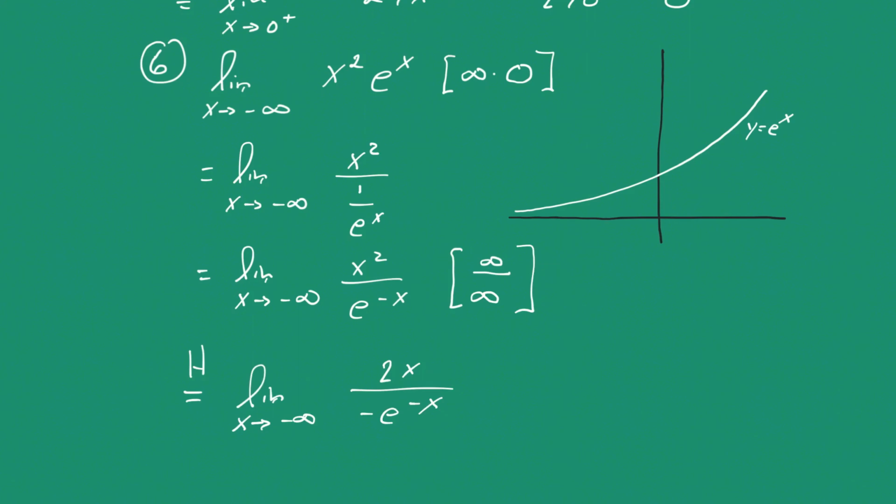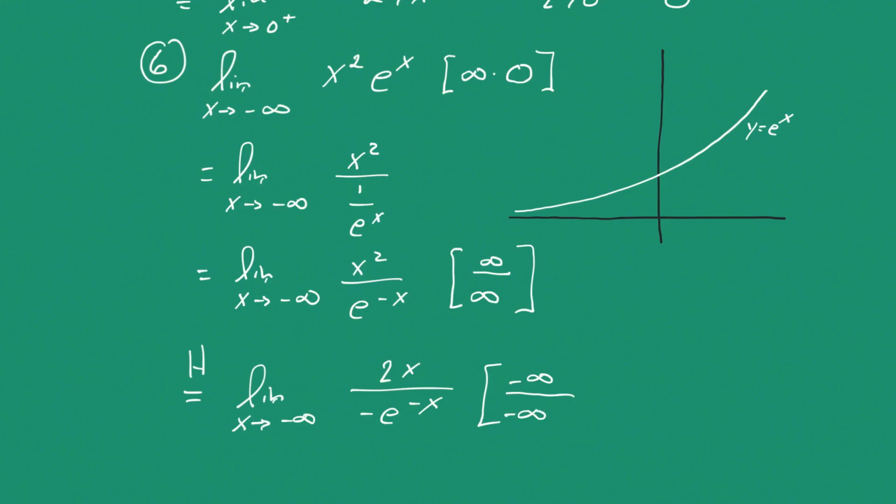All right, differentiating numerator and denominator. Now what's happening? Okay, so as x gets large and negative, 2x is going to get large and negative. So our numerator is tending to minus infinity. And what about the denominator? As x gets large and negative, minus x gets large and positive. e to the minus x, just as above, gets large and positive, and then we have this negative sign, so it's tending to minus infinity in the denominator.